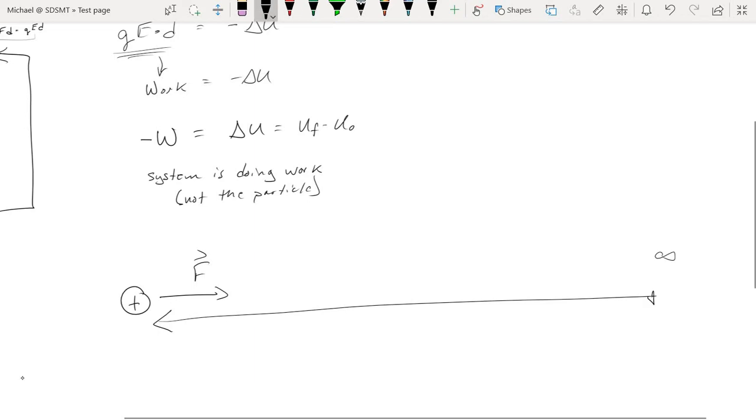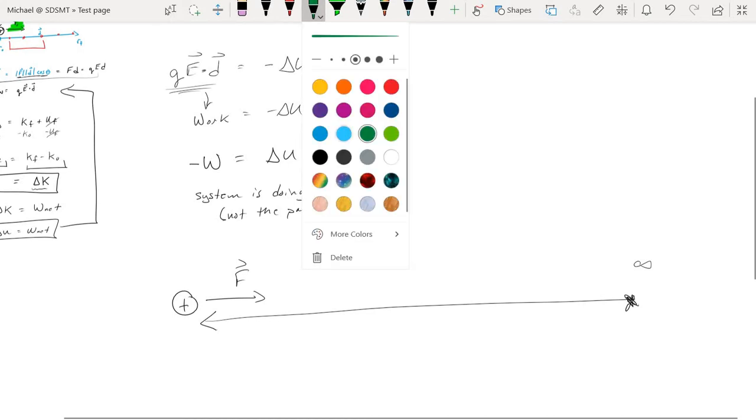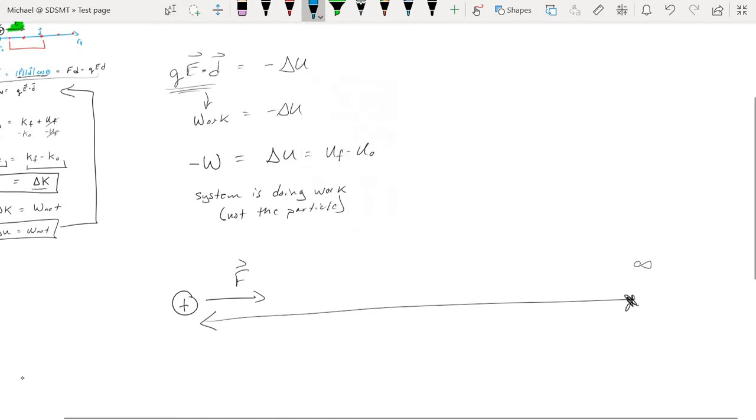So why go all the way out to infinity? Well, remember that the whole reason our charge started moving was because it was under the influence of some electric field.